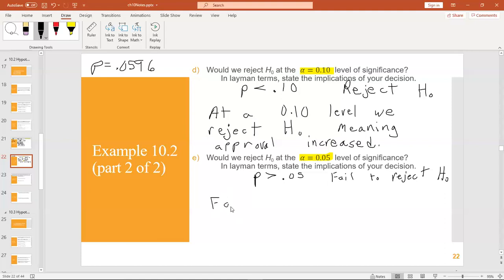If you fail to reject, you fail to find evidence at the 0.05 level of an increase in approval.